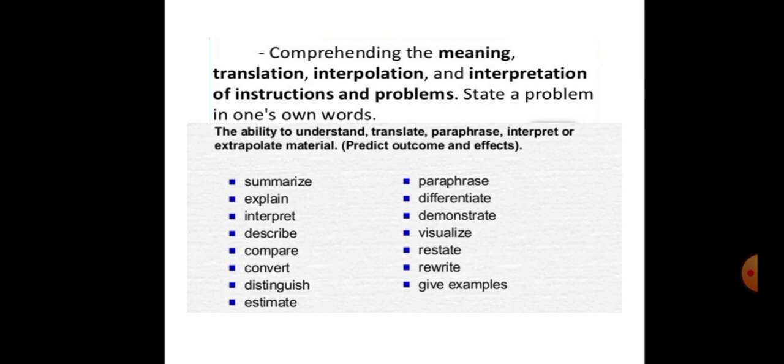These are the verbs that are related to this level: summarize, explain, interpret, describe, compare, convert, distinguish, estimate, paraphrase, differentiate, demonstrate, visualize, restate, rewrite, give examples. Bear in mind these issues.